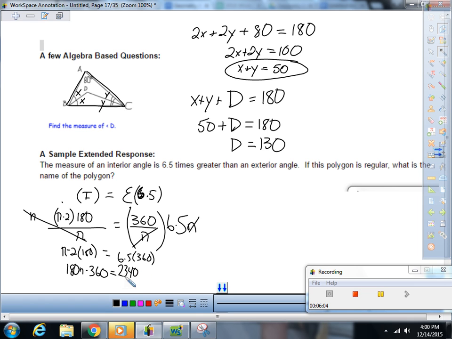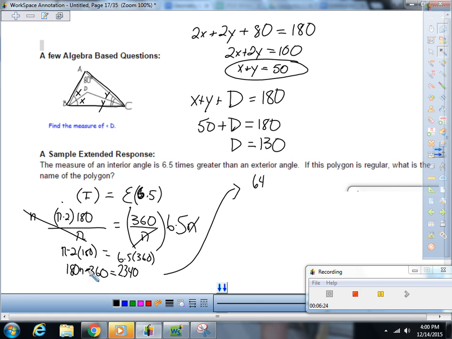Okay, I'm going to write that over here. 180 times 360. So that's a minus sign. That makes me feel so much better.